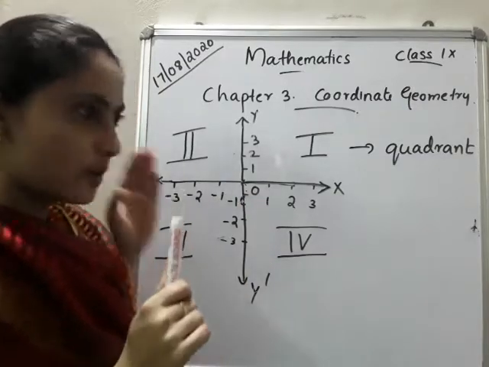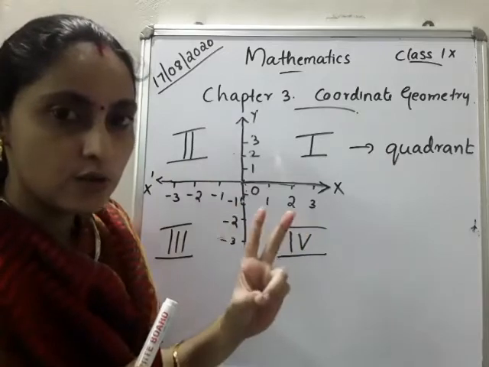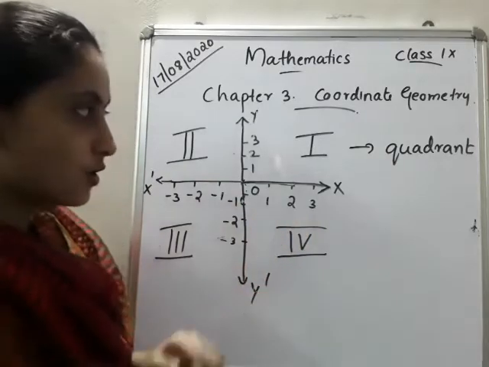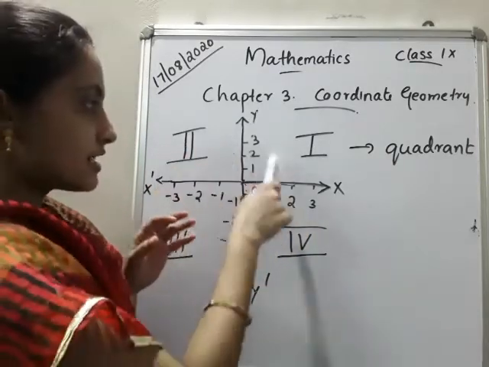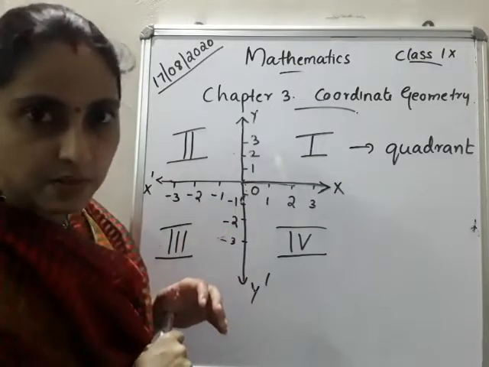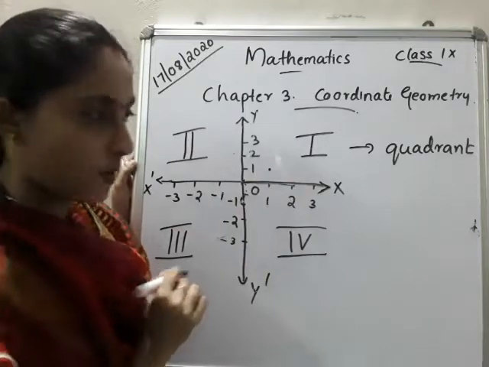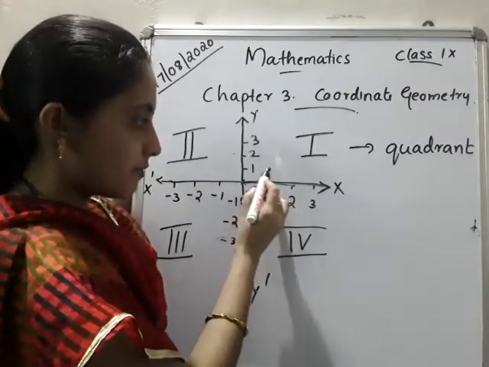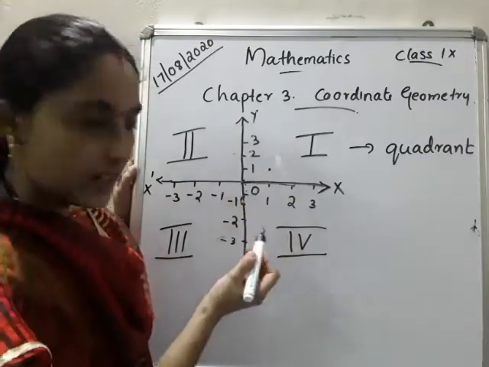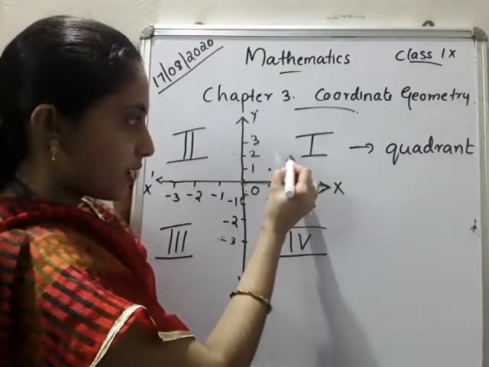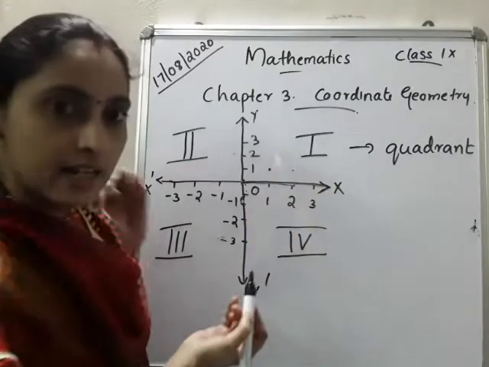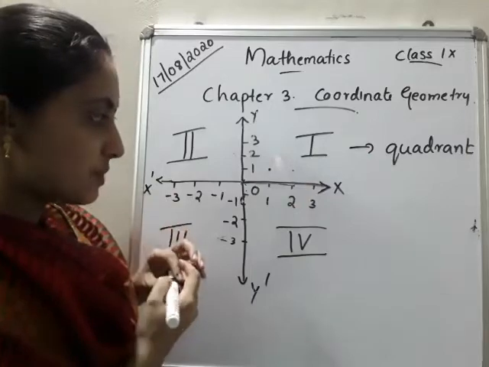Now, already we know that to locate a point, 2 coordinates are there. So when a point is in the first quadrant, what is the speciality? Considering this point, it is 1, 1. And we already mentioned the point 2, 1.